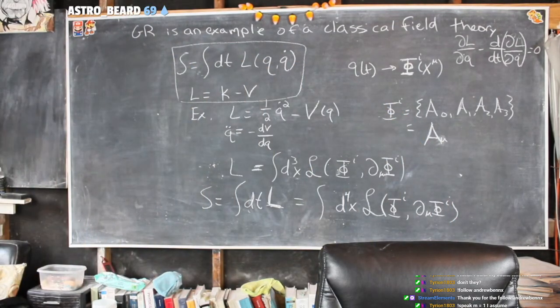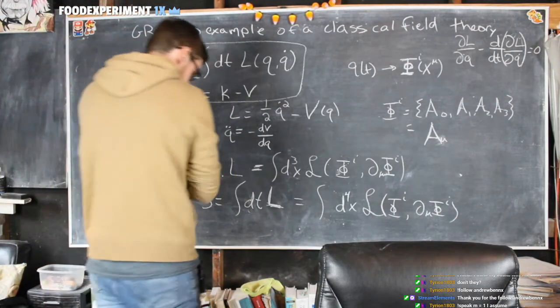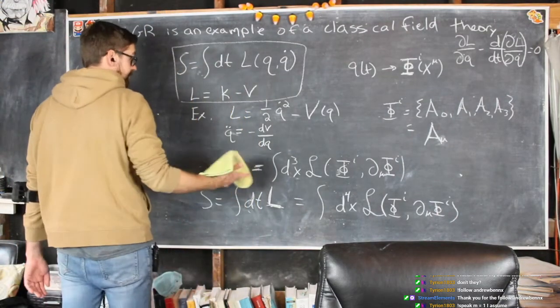So now we have a new form of action that we're going to be trying to minimize. Okay, this is a good point where we're going to switch and talk about units for a little bit. Okay, so let's talk about units.